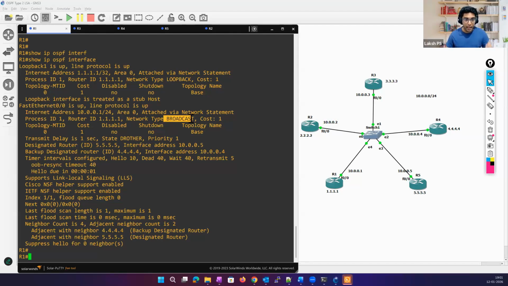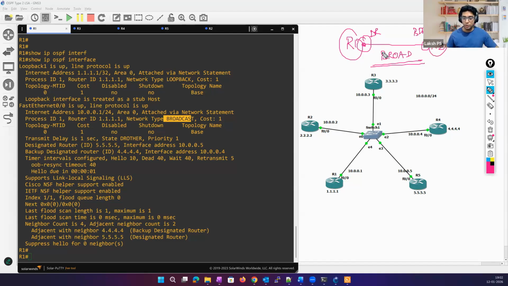And hence, even if there are only two routers that are connected using an Ethernet interface, OSPF considers this as a broadcast link, and even though there are only two routers, there will be a DR and BDR election that happens between R1 and R2.